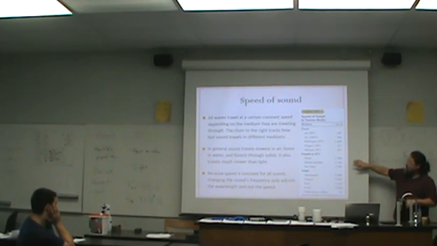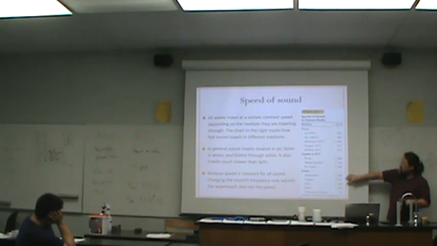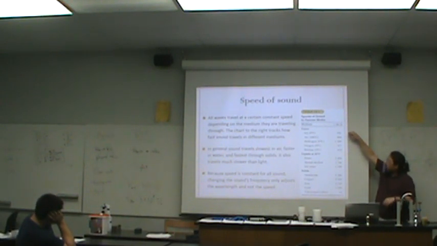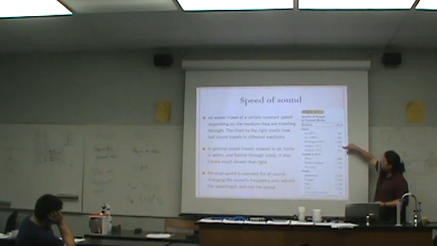And if we look at the wave speeds in these different mediums, we have different temperature air, and the temperature of the air affects the wave speed as well. So that's something to be aware of. These are the speeds of sound in air. Oxygen is a part of air, so this is that wave speed.